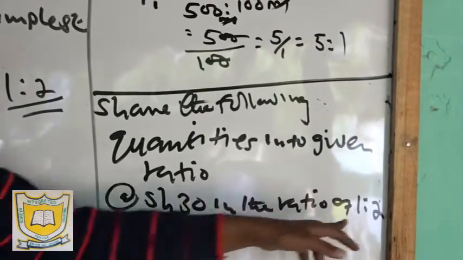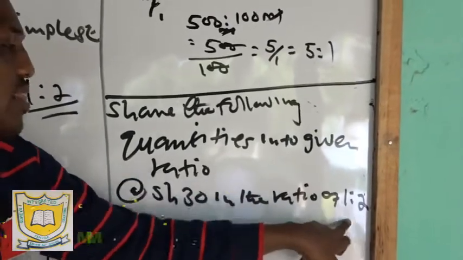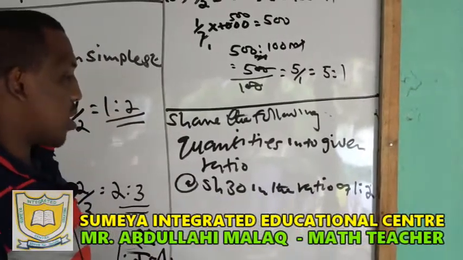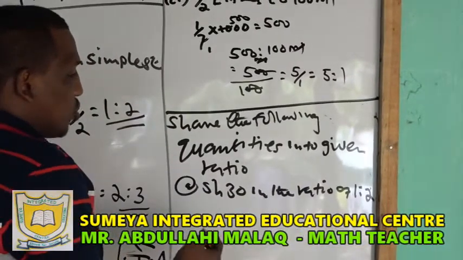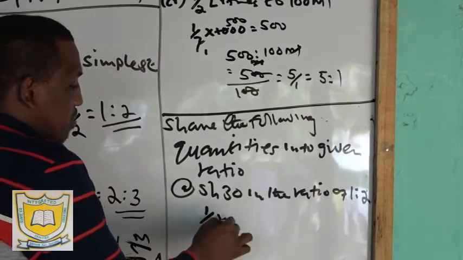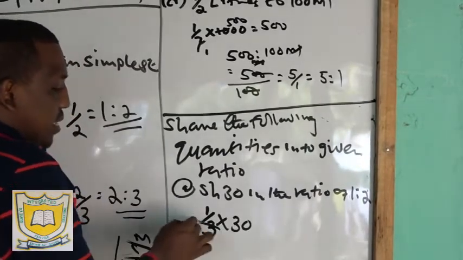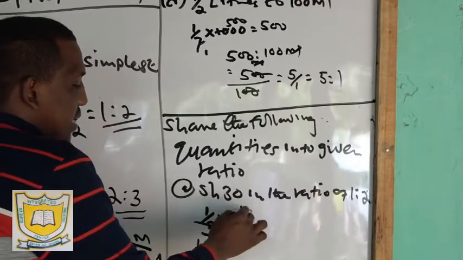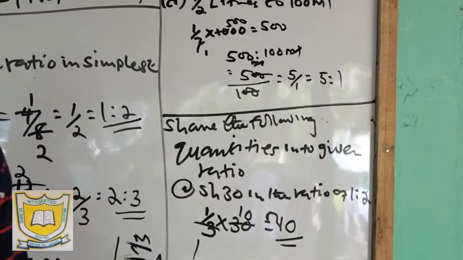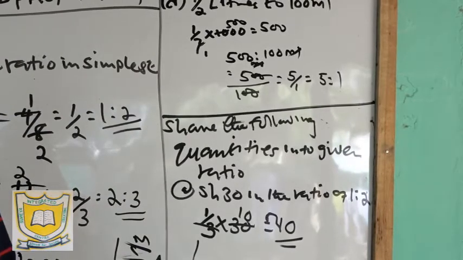The first thing we do, we add the two ratios. 1 plus 2 is 3. So when we want to share this ratio, we say 1 out of 3 multiplied by 30. Divide by 3: 1, and 10, which is equal to shillings 10. That is when we share, which is equal to shillings 10.